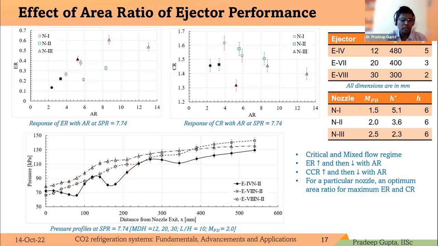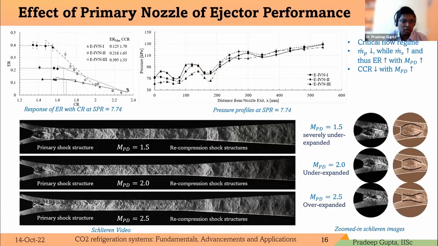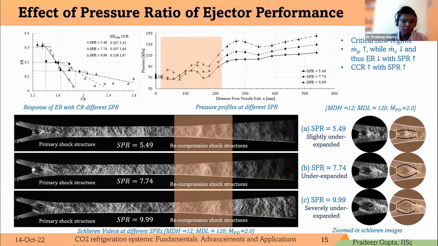Most of the things I have explained here are in terms of the entrainment ratio and the non-dimensional number. We have not checked for the secondary flow variation, because almost all the time the ejector's secondary flow is from the atmosphere. But in terms of the SPR value, even if we change this SPR slightly, the ejector operates in the mixed mode, critical mode operation, and the entrainment ratio changes accordingly.